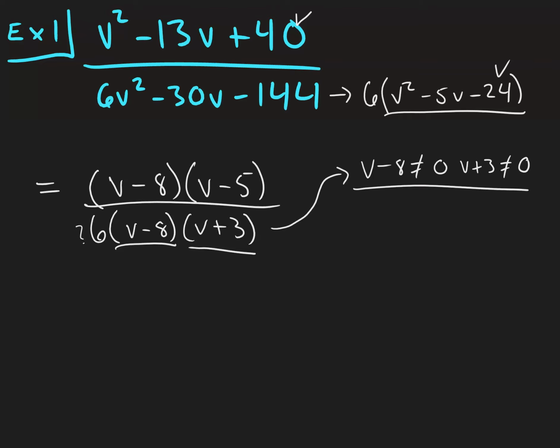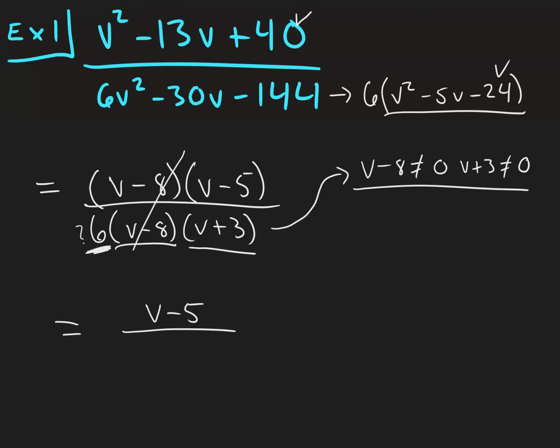So now let's just finish what we have in front of us here. We have our excluded values. Now we can simplify our rational expression. So I'm going to cancel out those common factors, v minus 8, and let's see what we have left. So in my numerator, all I'm going to have left is just 1 times v minus 5. Now, we're going to want to leave our numerator and denominator in expanded form, which means we don't want to leave it in factored form.